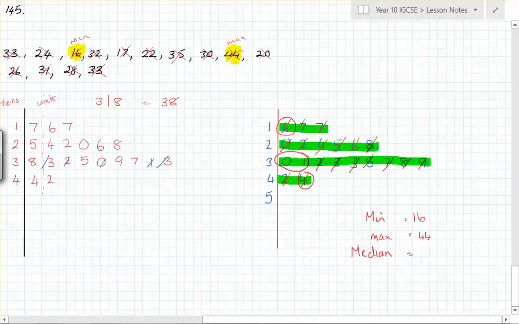So there is no middle number, but 30 and 31 are in there. So we've got to find halfway between those two numbers. What's halfway between 30 and 31? 30.5. So 30.5 is the median value.